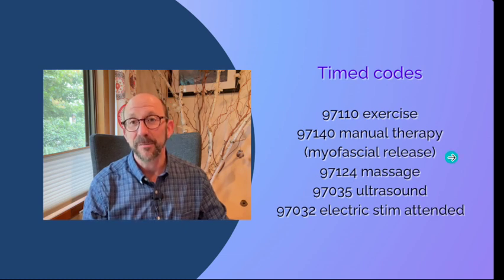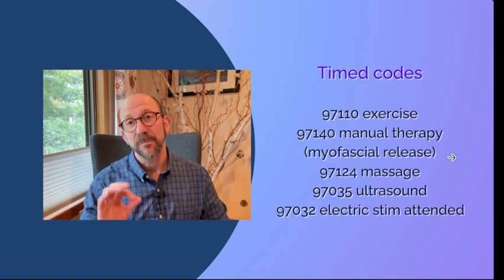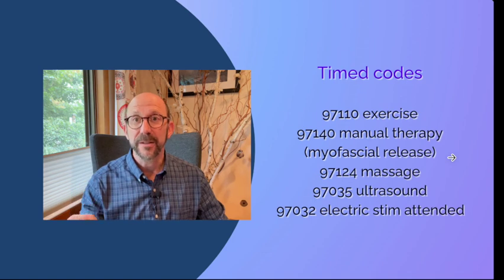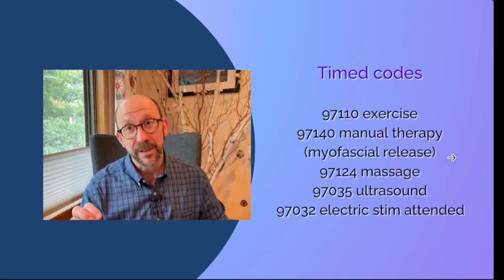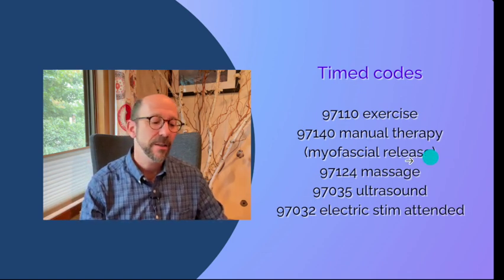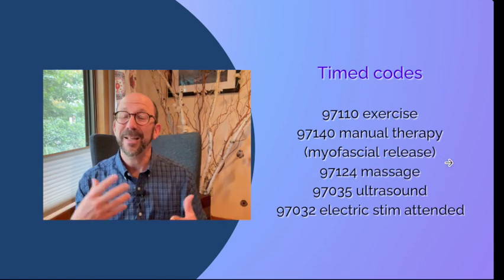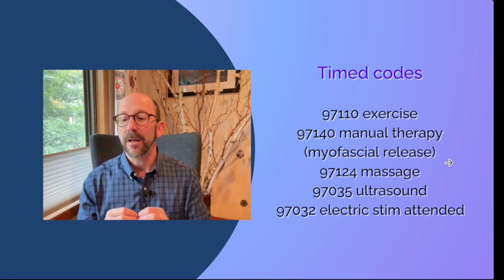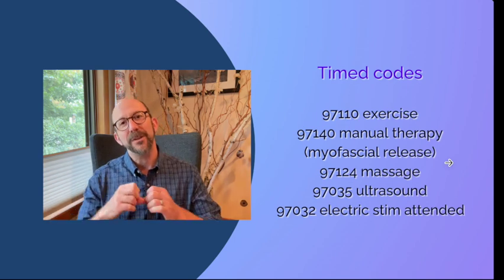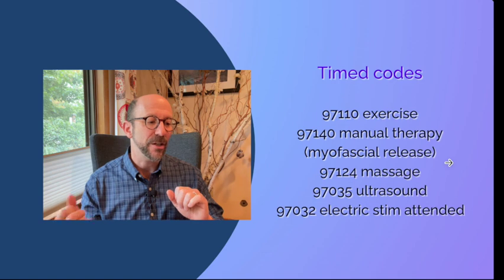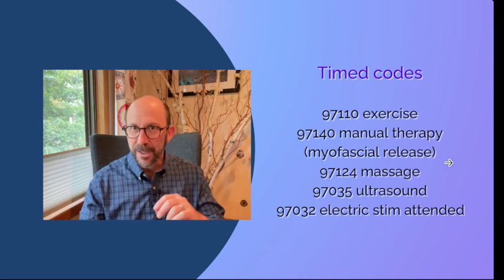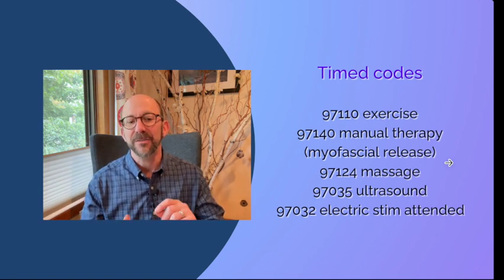97140 is manual therapy, which is things like myofascial release, trigger point therapy, craniosacral therapy would fall under manual therapy. The 97124 is, there's a lot of overlap and it's kind of a gray area, but 97124 is really just more for like traditional massage strokes, like the Swedish massage and the tapotement and the effleurage.